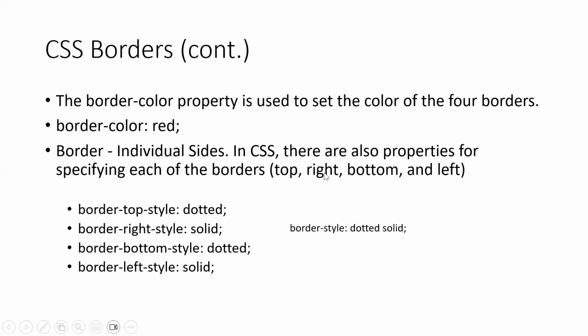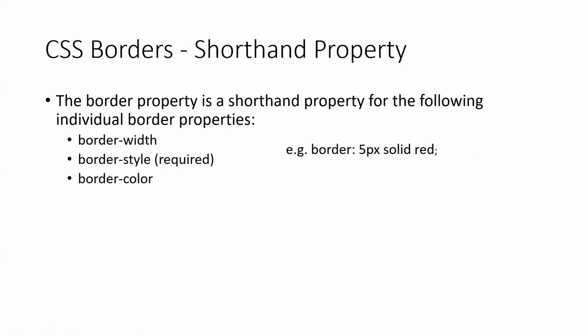But then again, you can change it. You can use different styles for top, right, bottom, and left. So you can notice here we are applying the top one as dotted, the right one is solid, the bottom is dotted, and the left is solid, right?